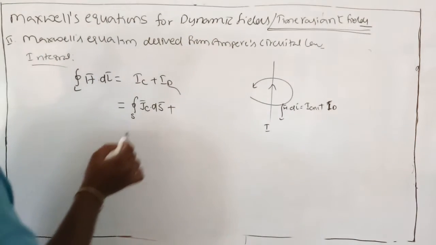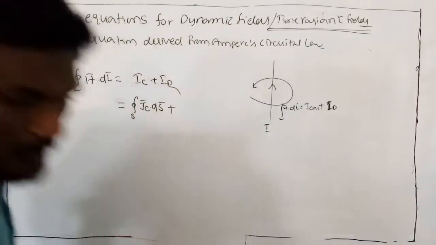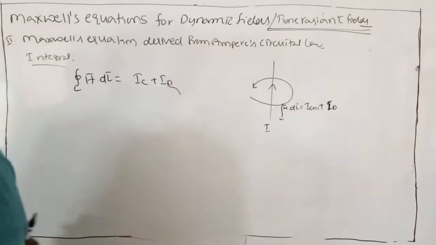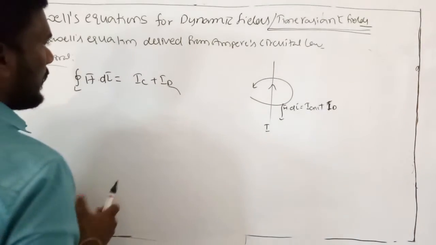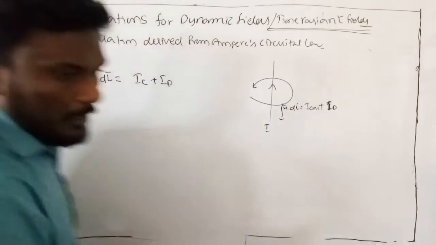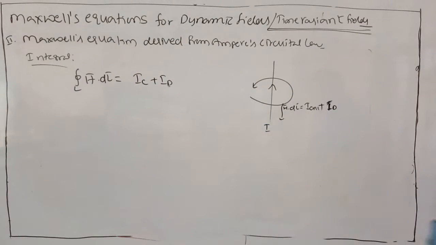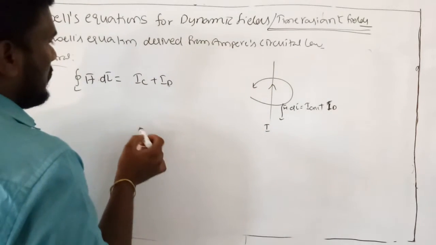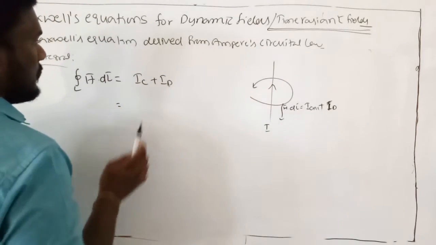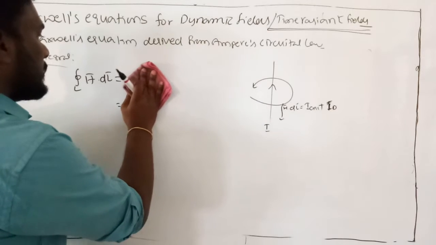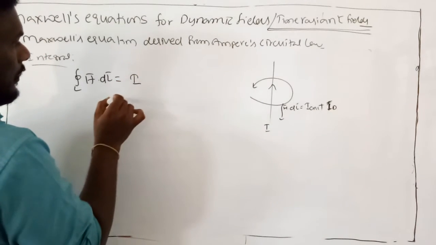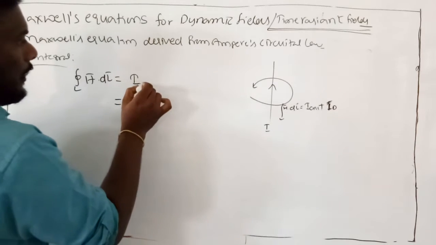Sorry, a small disturbance here. This should not be written like this. It is I equals Ic plus Id, where the total current will be like this. Before that, we represent the total current first, that is I, the enclosed current.